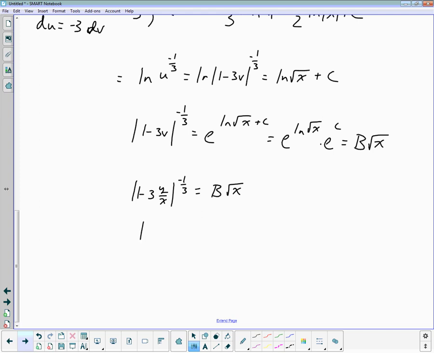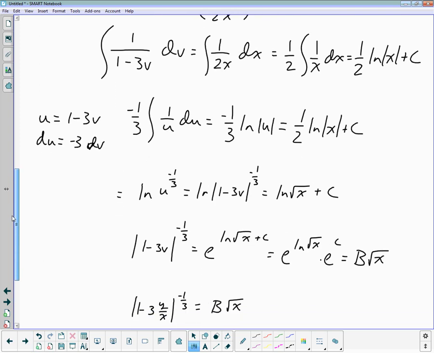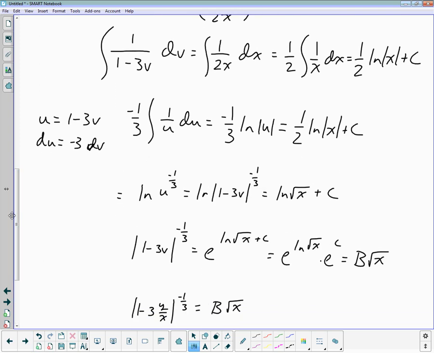And now we have, we're going to have to clean this up a little bit further in order to get rid of the absolute bars, or we can put a domain restriction on it. But the fact of the matter is that we need to make sure that we can drop the bars.